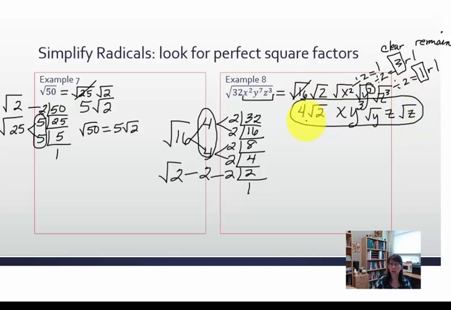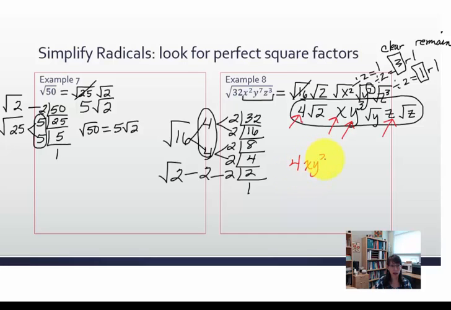Let's put everything in the proper standard form. So standard form means to write the terms that have cleared the radical first. So let's find the terms that have cleared. 4x, y cubed, and z. Starting with the numerical coefficient, I will write 4 first, and then alphabetically I'll write the variables.